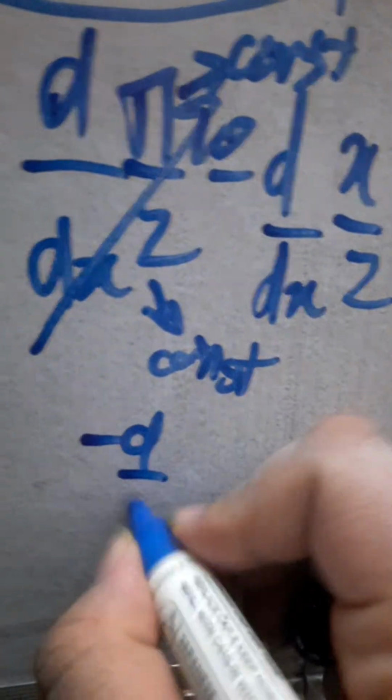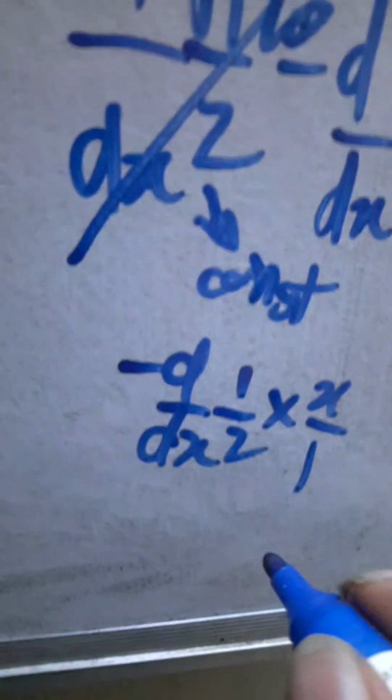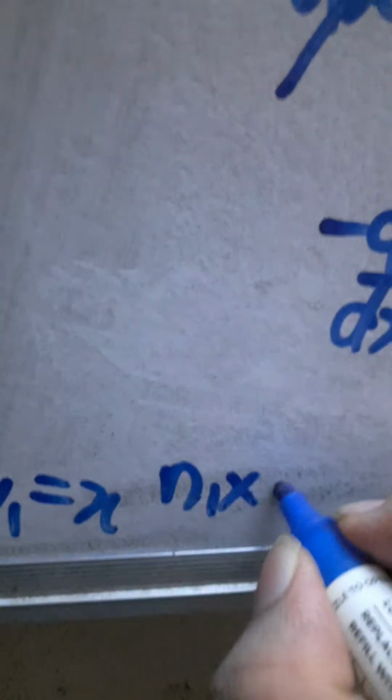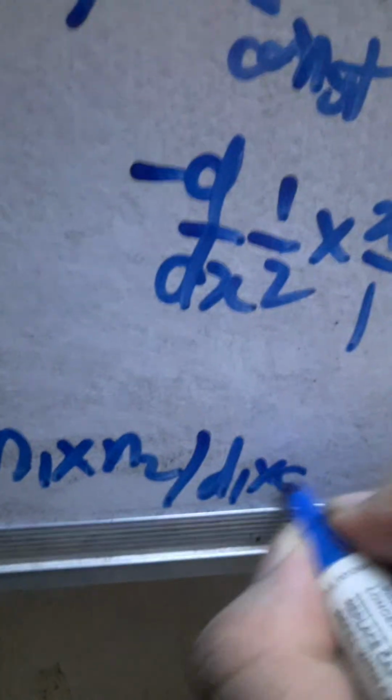Now let's focus on this d by dx of x by 2. Anything divided by 1 is that thing only, and a fraction is numerator into numerator over denominator into denominator.